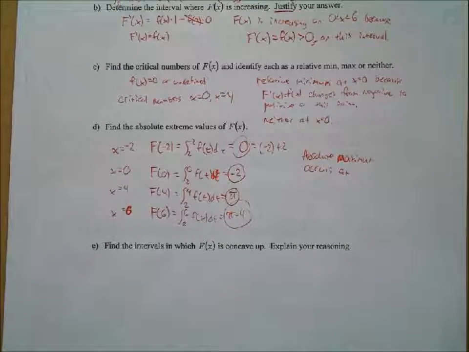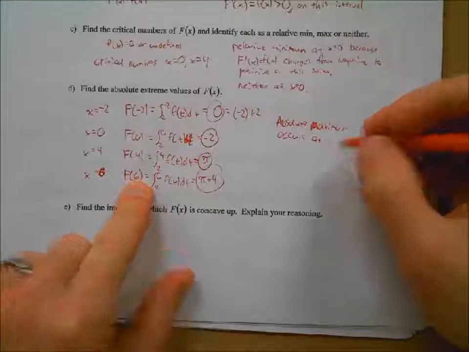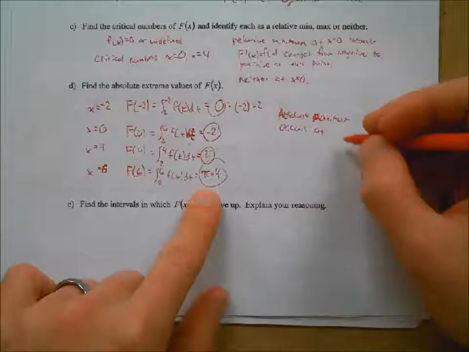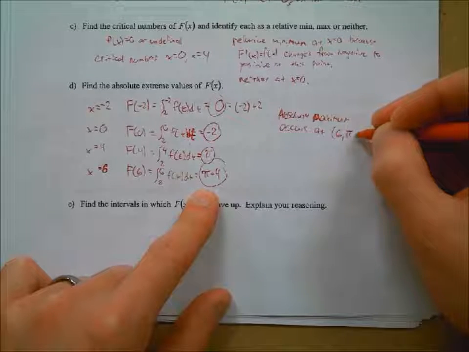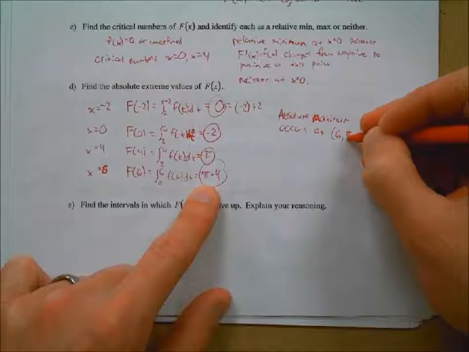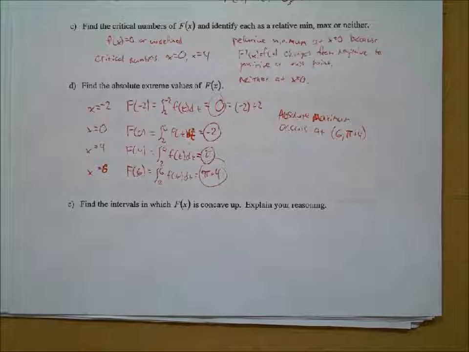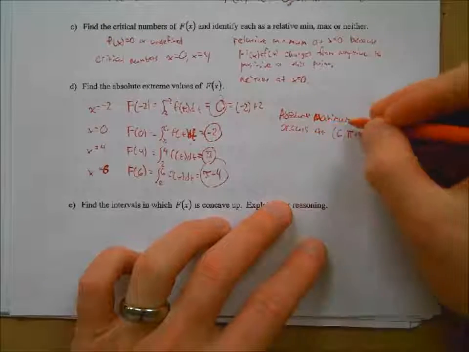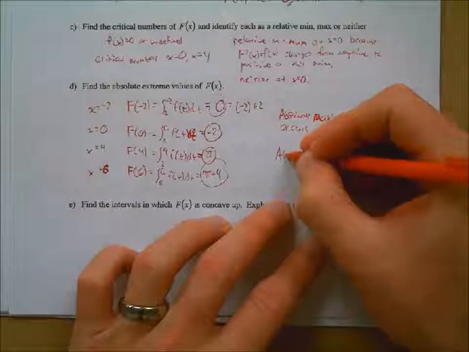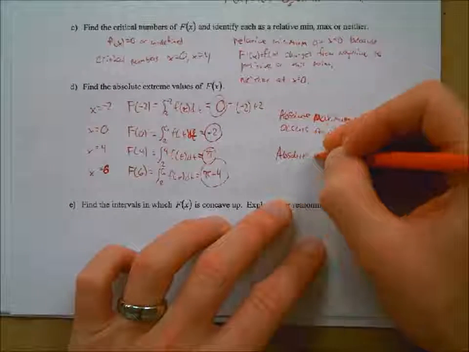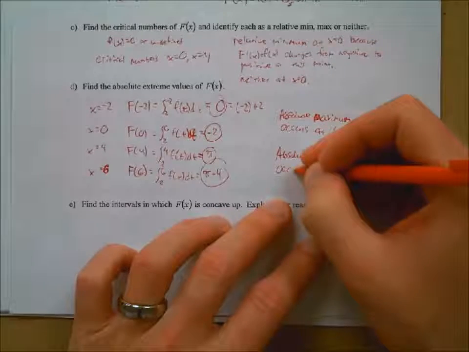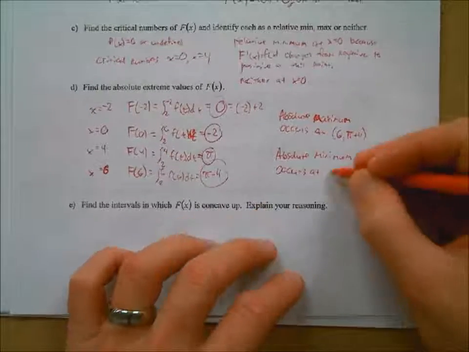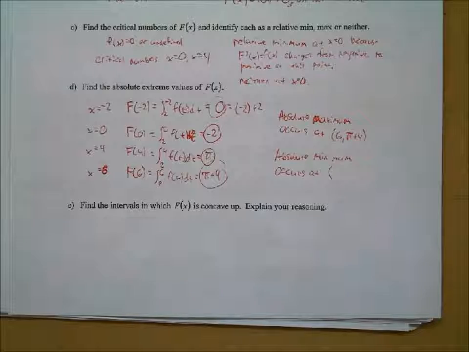Okay, at the 6, and you can even say 6 comma pi plus 4. Okay? And the absolute minimum occurs at, and then where does our absolute minimum occur? 0 comma -2.